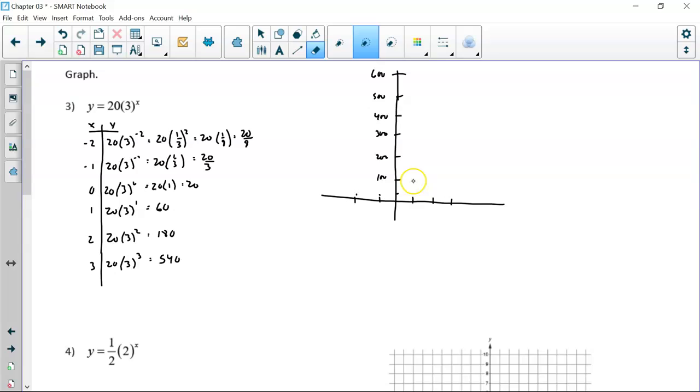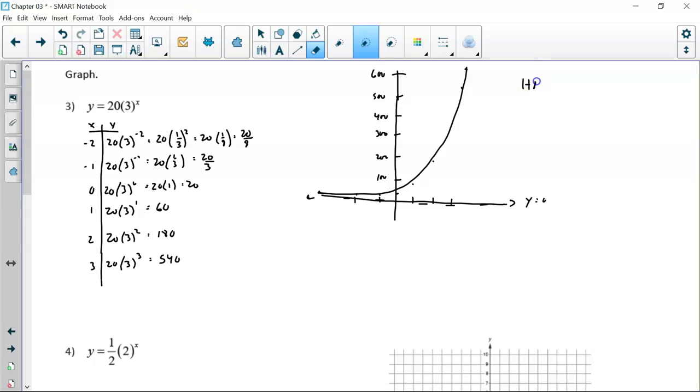So we're at 160 to 180 and 3 all the way up to 540. So you can see it still has that horizontal asymptote at y equals 0. And that's what the graph looks like.